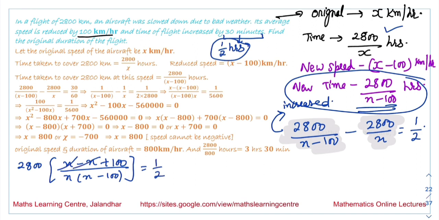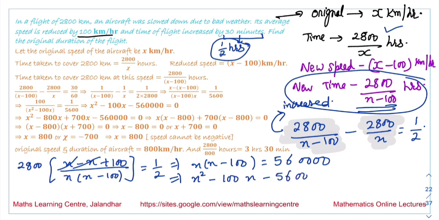These two values get cancelled, and what we get is x into x minus 100 that is equal to 56000... So the quadratic equation we get is x square minus 100x minus 5600 equal to 0.